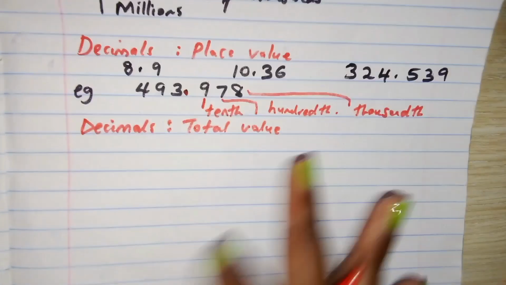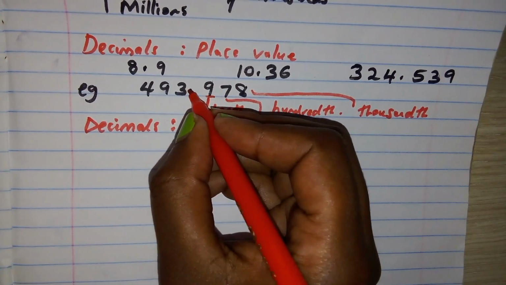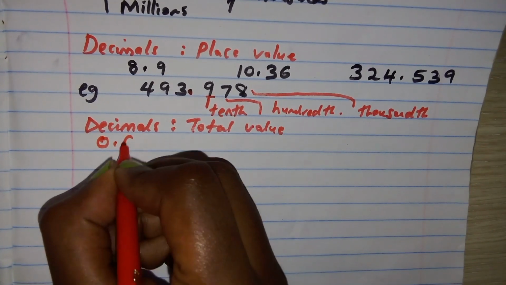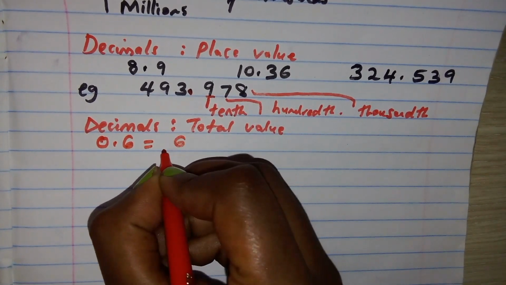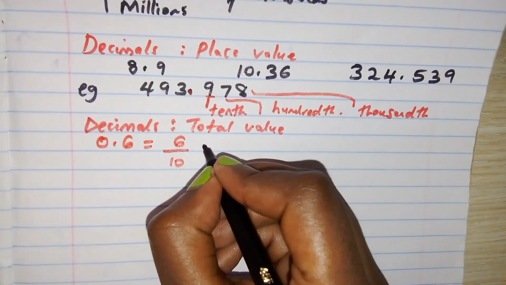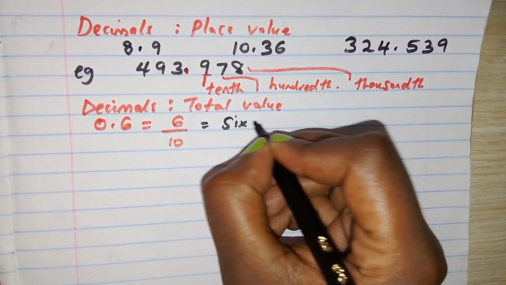Back to this question. The total value of 9 is 0.9. Let's say 0.6 is written as the fraction 6 over 10, which is called 6 tenths.